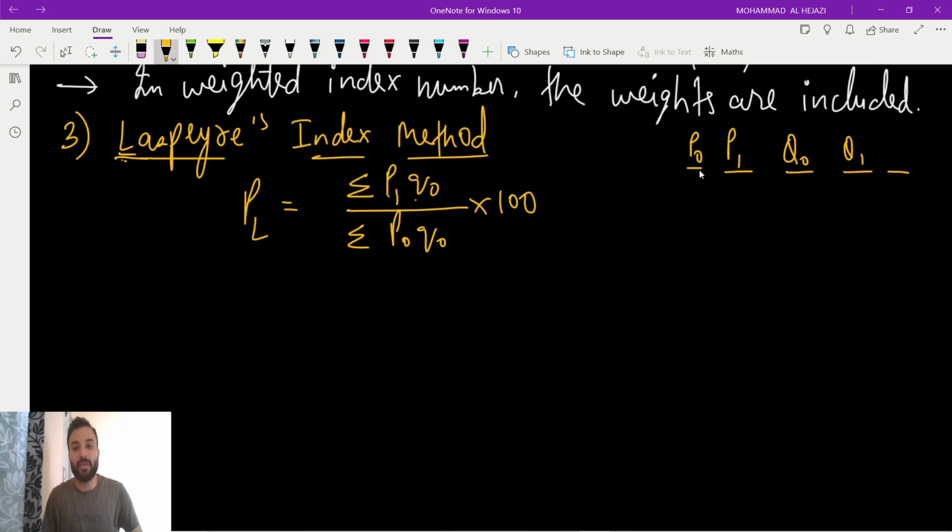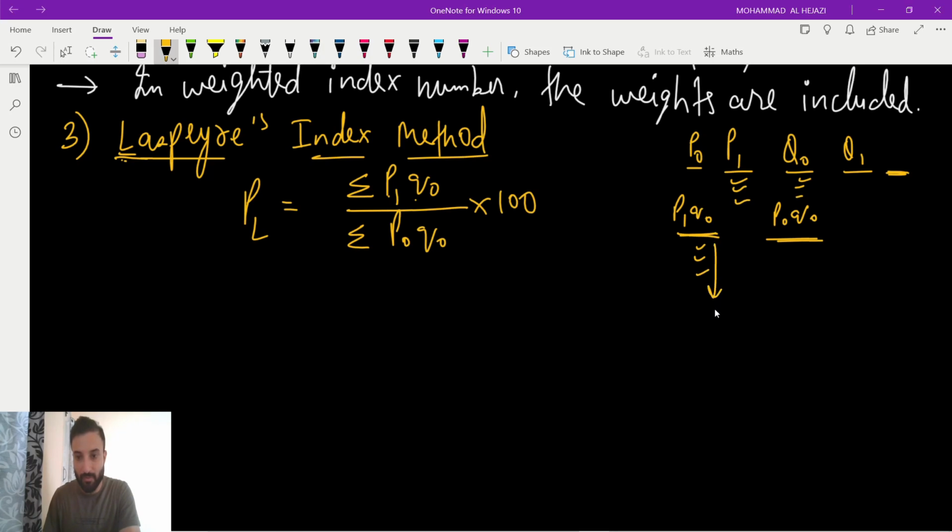See, in the examination, in the question paper, they will give this thing. So again, don't write this in the rough. What you will write is only the new columns you will make. The two new columns are P1 Q naught and P naught Q naught, because for finding the Laspeyres index we want only these. So P1 into Q naught, whatever you get here, then P1 into Q naught here, and here.